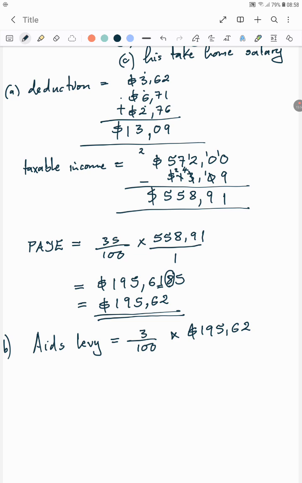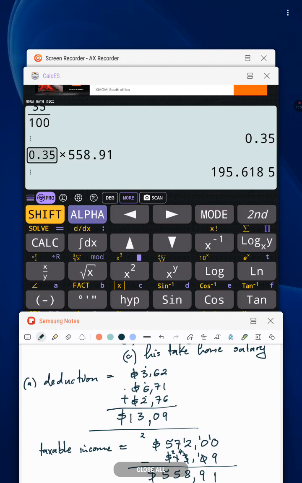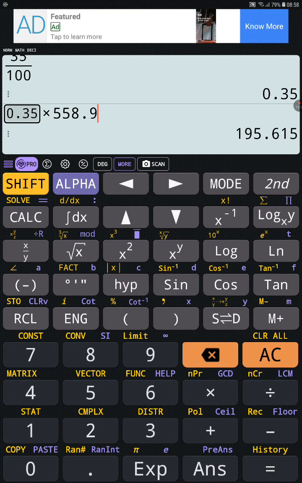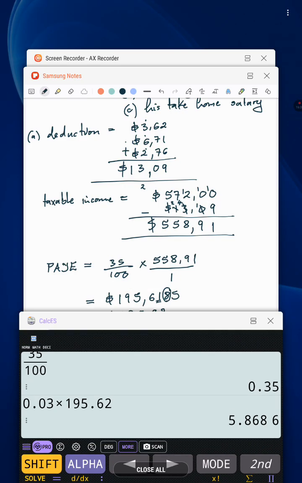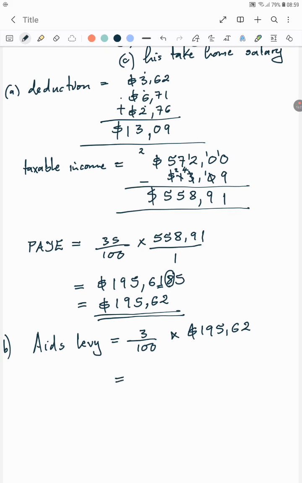So if we take our calculator again, our answer is supposed to be 3%, and 3% is 0.03 of 195.62, and our answer is going to be 5.8686.